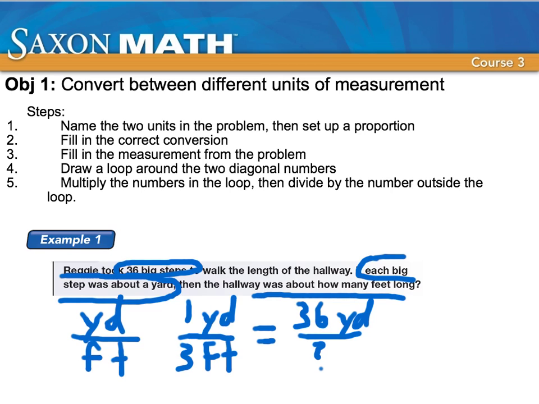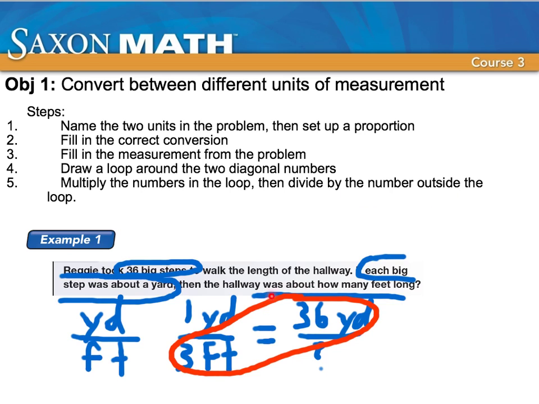Okay, now you've done these before. I've asked you to do these when we solve for percentages. It's the same thing. So step 4 is you're going to draw a loop around the two diagonal numbers. I'm going to change my color here, and we're going to loop around the two numbers that are diagonal. Okay, that's step 4. Step 5 says we multiply the numbers in the loop and then divide by the number outside the loop.